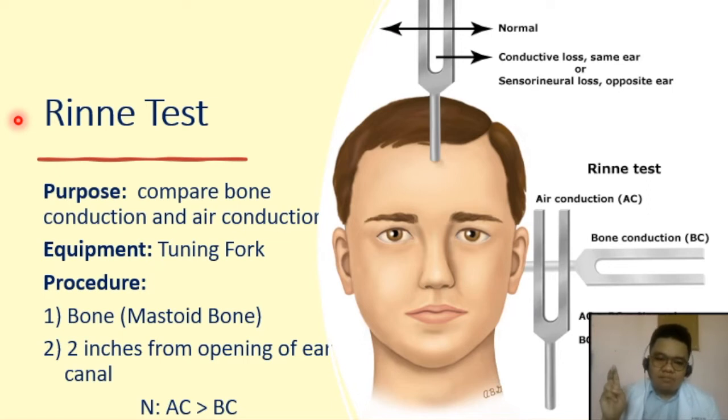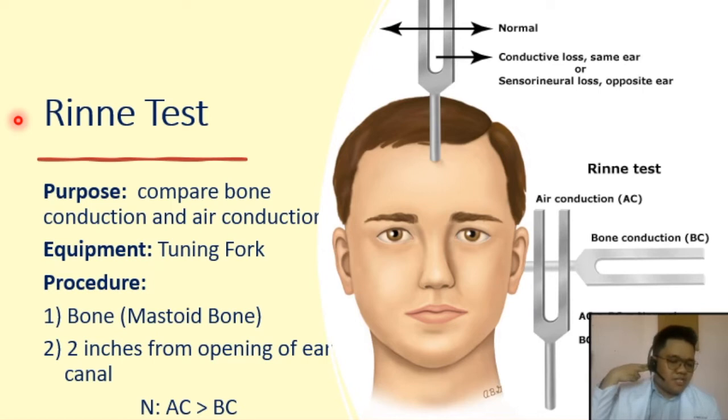Now, abnormal findings. If your patient is having conductive hearing loss, it will be bone conduction which is longer than air conduction. Again, in conductive hearing loss, bone conduction will be longer than air conduction, which would mean that I will be placing it here. Okay, it's vibrating. Your patient could hear.